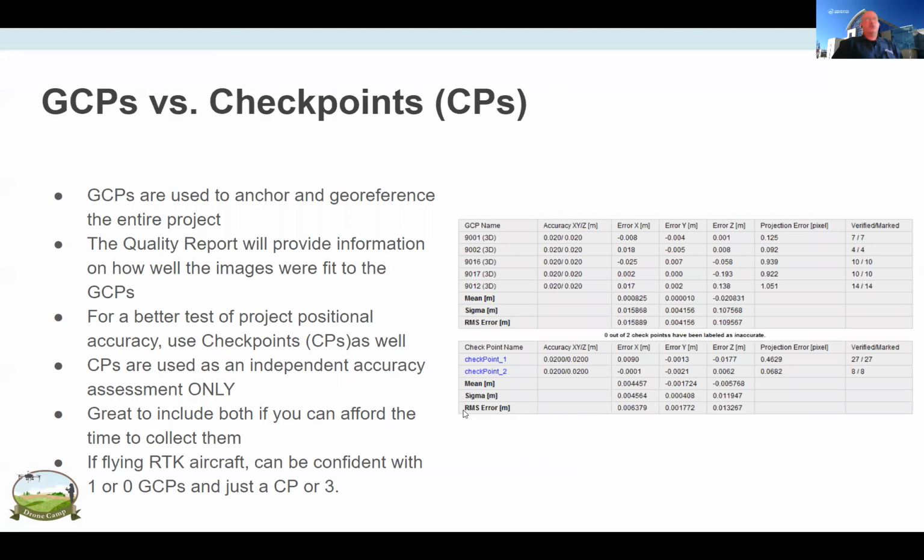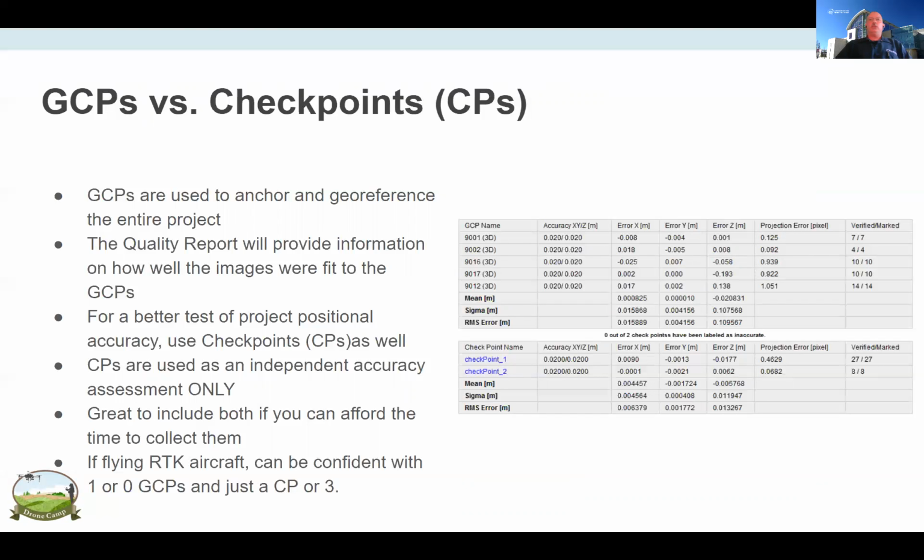Now, it's also a good idea to do some checkpoints if you can afford it in terms of time and effort. The difference between ground control points and checkpoints is that ground control points are actually used to anchor and georeference the entire project, whereas checkpoints are used as just an independent measure of how accurate your results are.